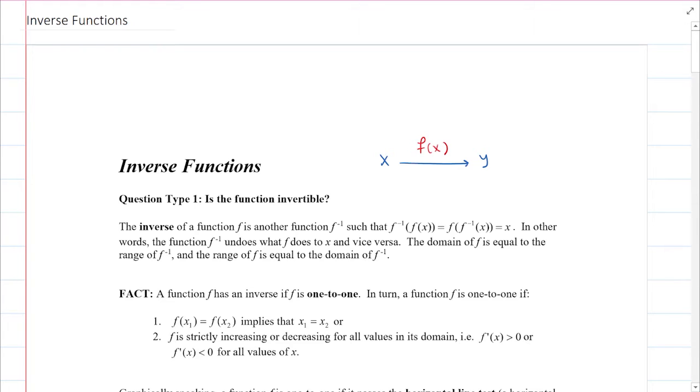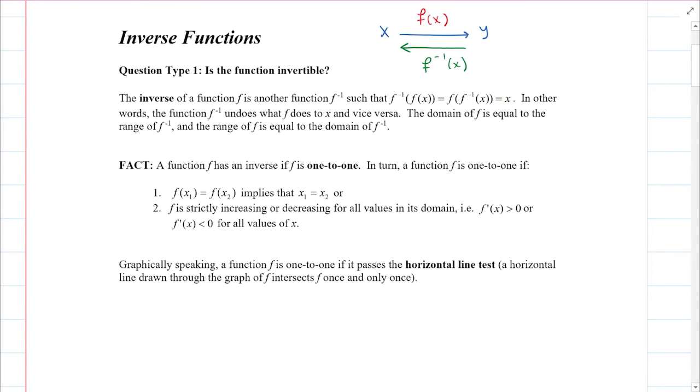And think about inverse as a function that does the opposite. So it takes you from y to x. So that's f inverse of x. Now if you start from here, you go to y, and then you come back. That means if you apply f inverse on f, then you go back to x. So this is why you're going to get an x here.